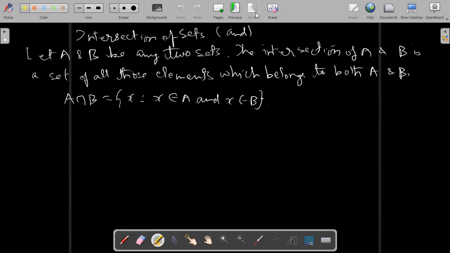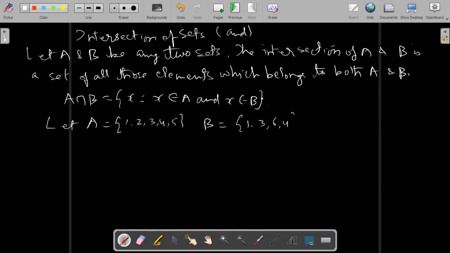Similarly, for intersection of two sets, first I will take one example. Let A be a set of elements 1, 2, 3, 4, 5, and B a set of elements 1, 3, 6, 4.